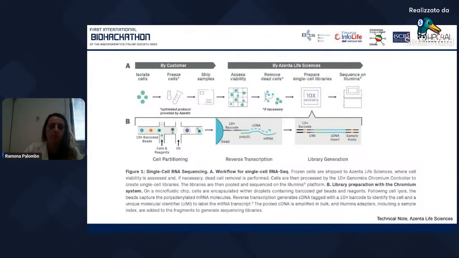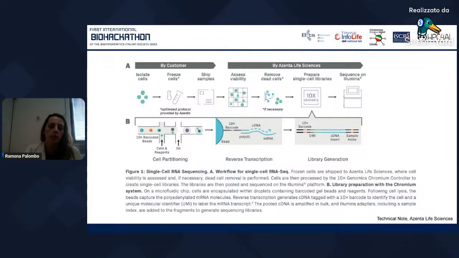This is just another slide to say the same thing, to take the same message. And as we can see, this is from Azenta. It is a company that performs this kind of sequencing. So we always have the isolation of cells.